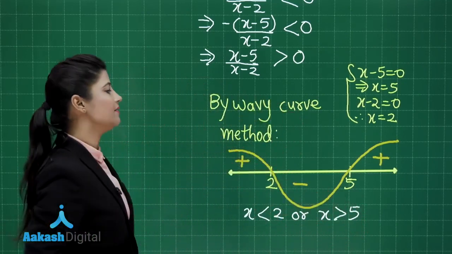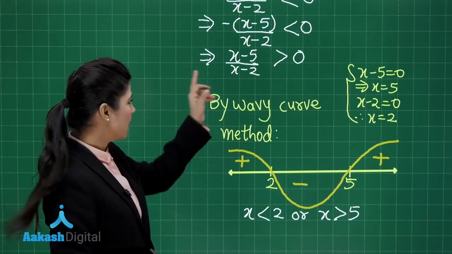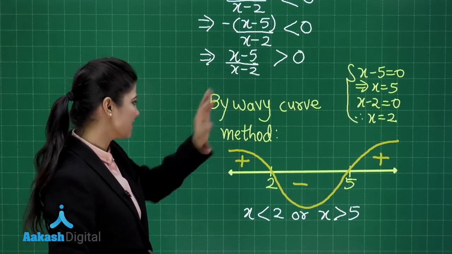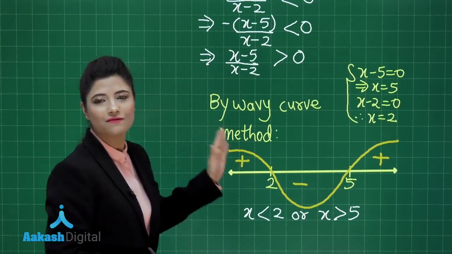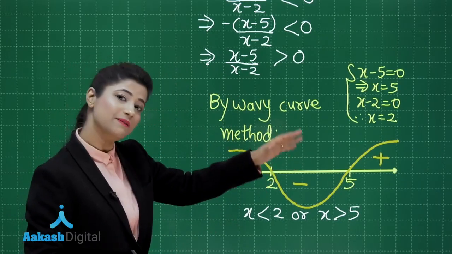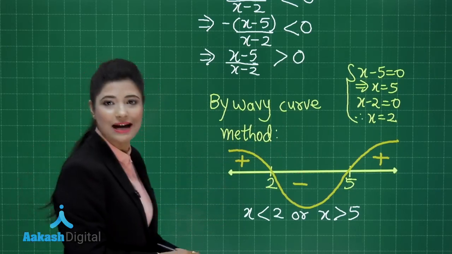So this will be the required condition here for this inequality to exist, where x minus 5 upon x minus 2 is greater than 0. We have the positive values of this fraction lying from minus infinity to 2 and then from 5 to plus infinity. I hope this is clear. So this is the value of x satisfying.